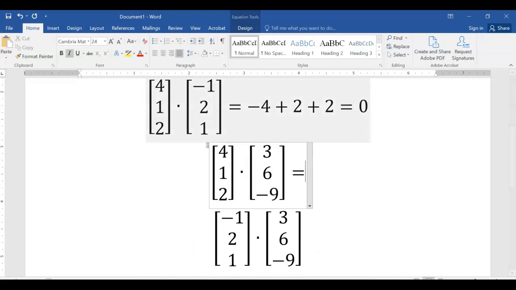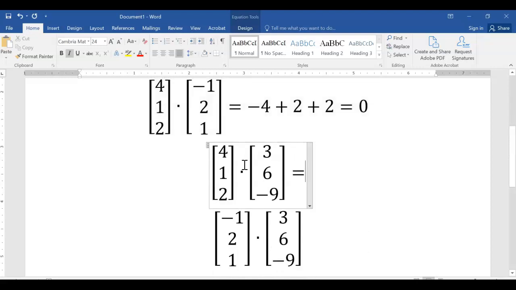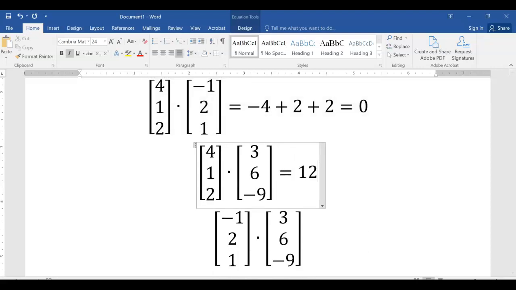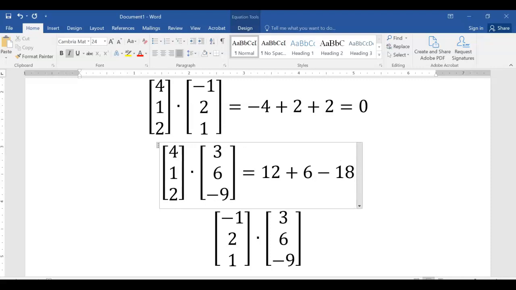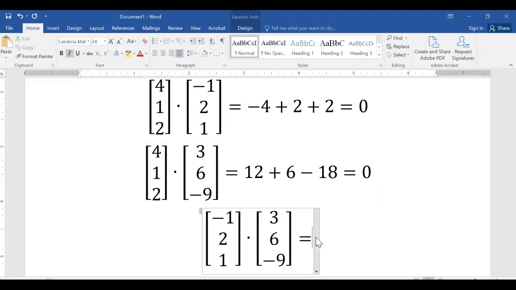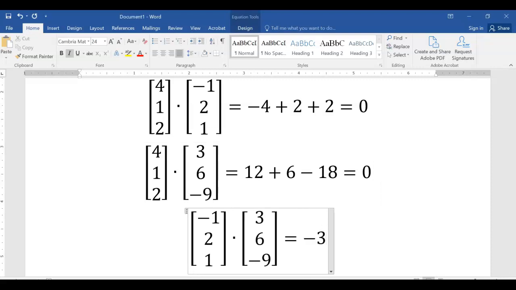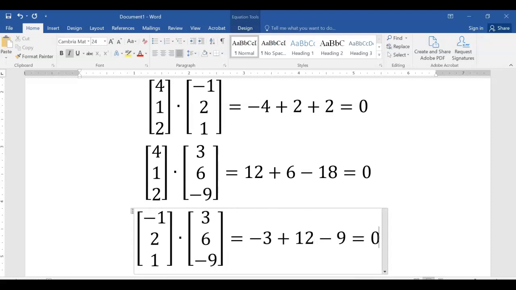So there you go. Let's take vector number 1 and vector number 3. 4 times 3 is 12, plus 1 times 6 is 6, plus 2 times -9 is -18. Sure enough, you get 0. And then vectors 2 and 3, you get -3 plus 12 minus 9, which in fact is 0 again.